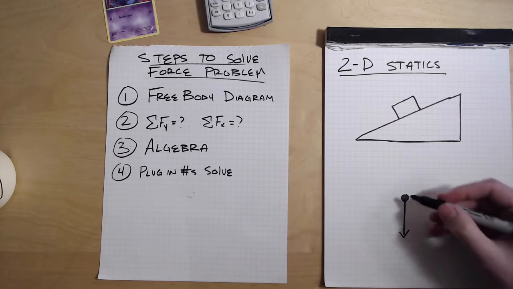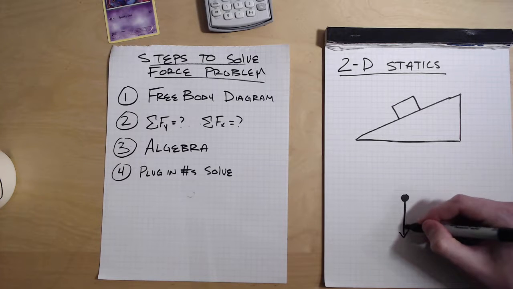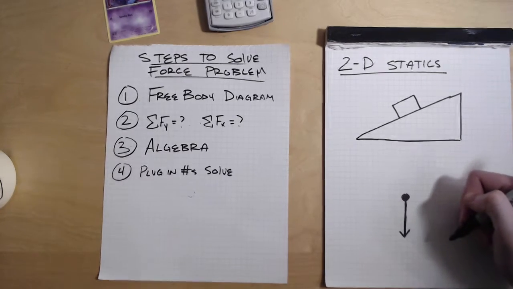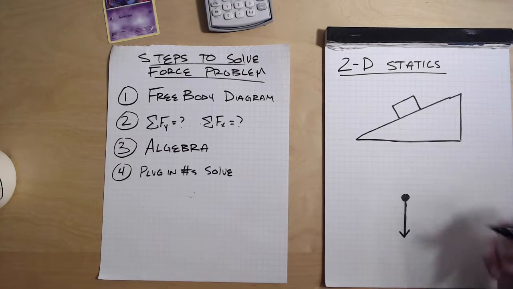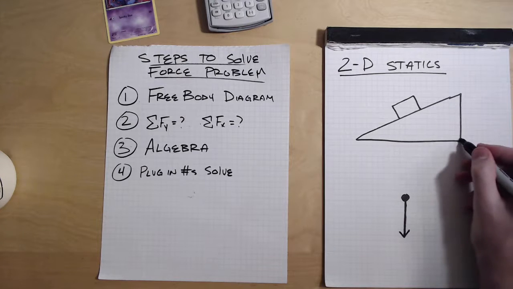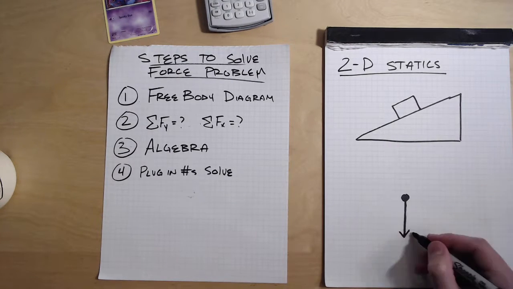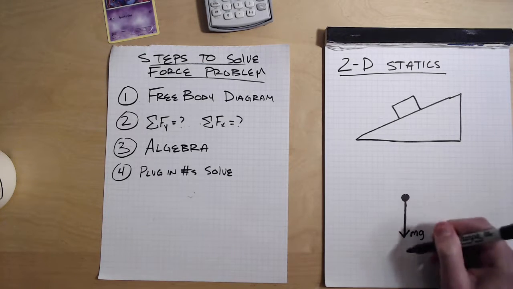And a lot of you want to label this force straight down the force of gravity. Okay? But gravity, remember, isn't a force. Gravity is an acceleration. Okay? In order for it to be a force, we need to multiply it by the mass. So this, we can call it W, or we can just plug in mg right away. This is the weight force.